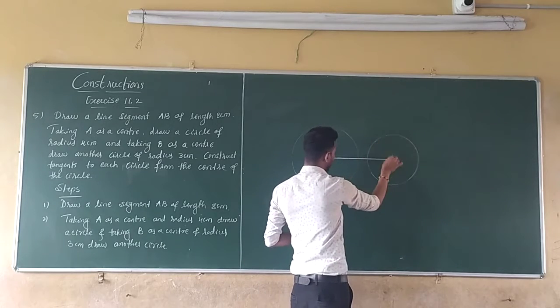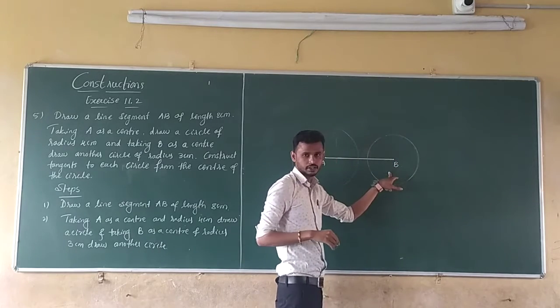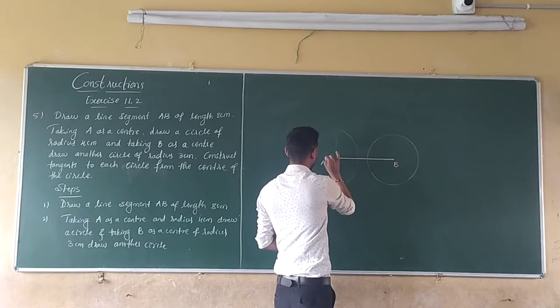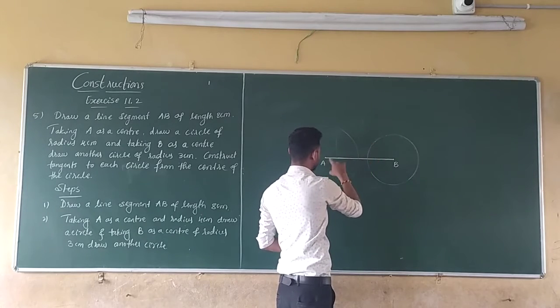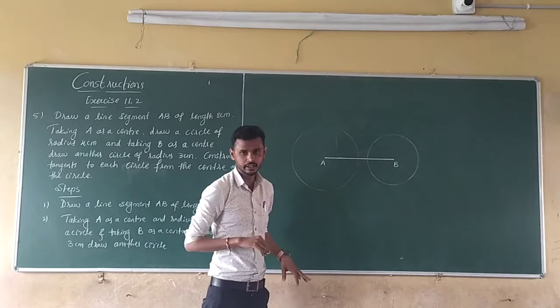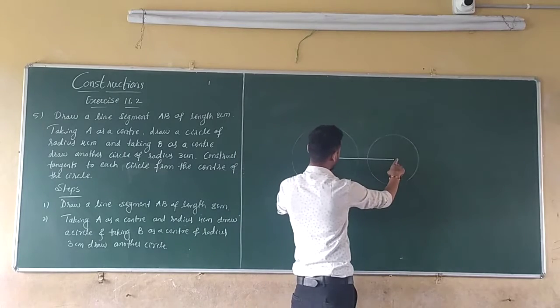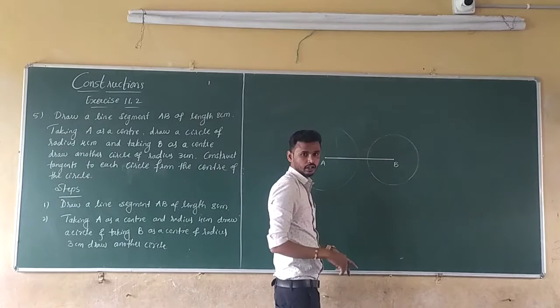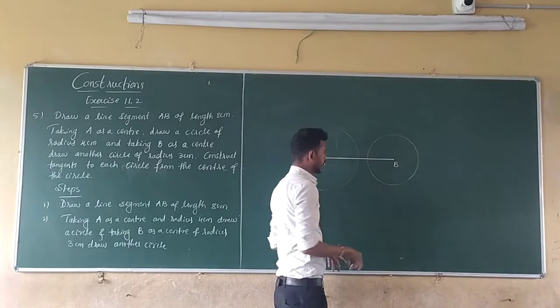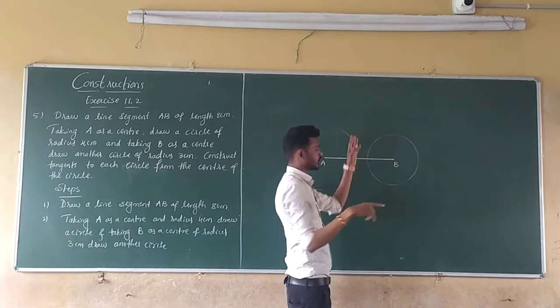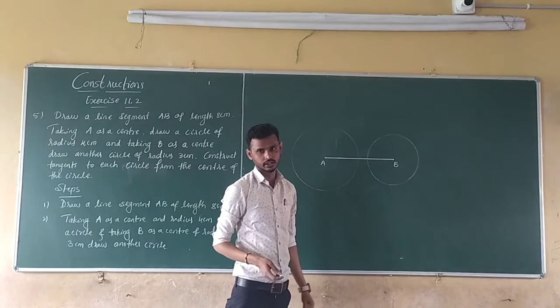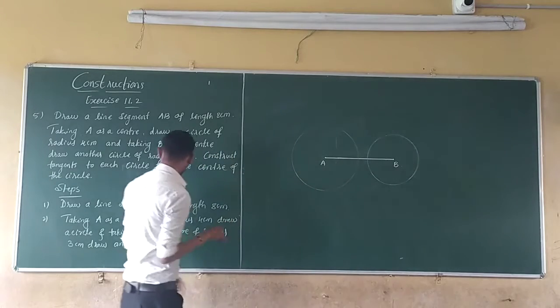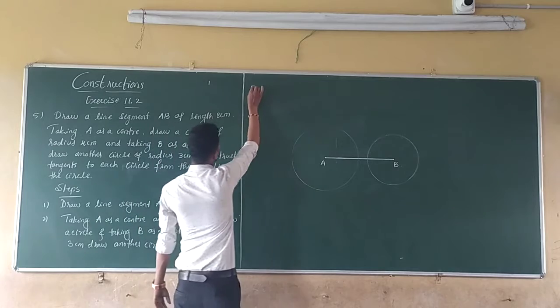Tangents to this circle from the center of this circle and tangents to this circle from the center of this circle. That means find the perpendicular bisector of AB and draw the circle where that circle will intersect the two circles. Draw the tangents. You will get the answer. So now next step is what?